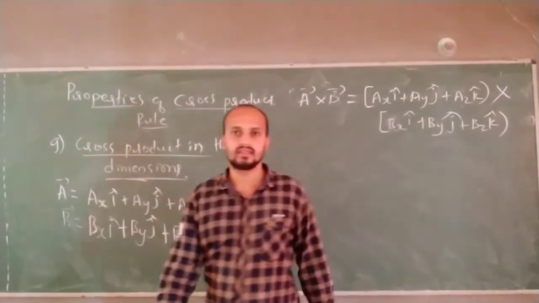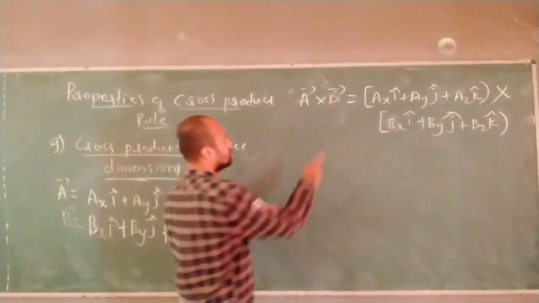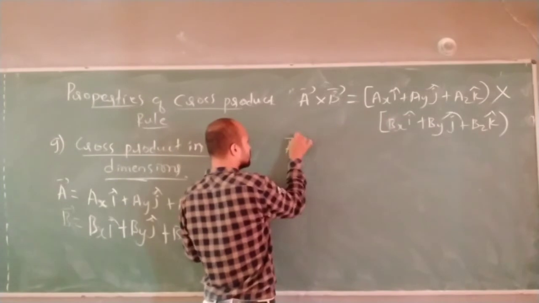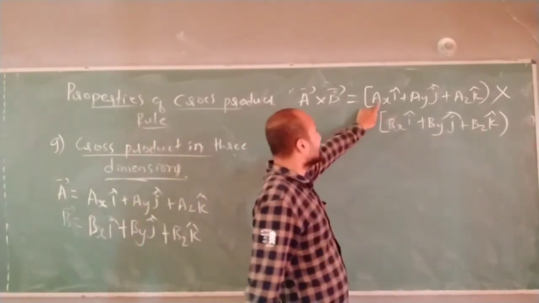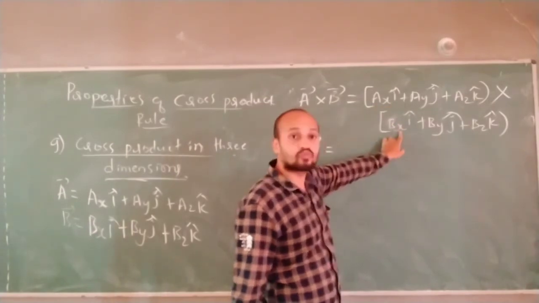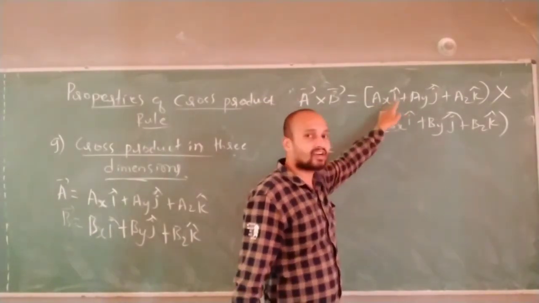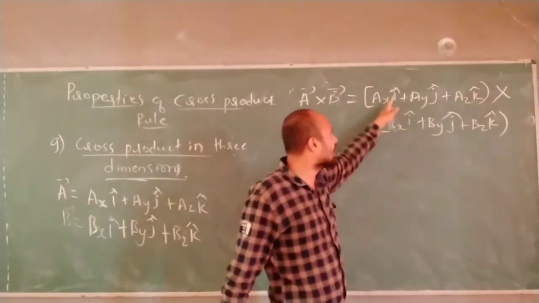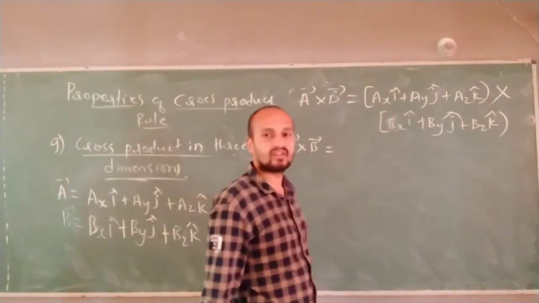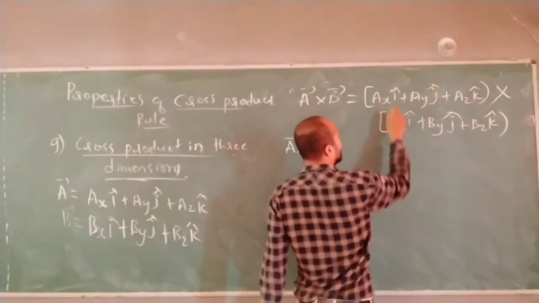Correct? Now, A cross B: Ax i cap cross Bx i cap. i cross i, the cross product of two parallel vectors is 0. i cross i will become 0. So this is 0.